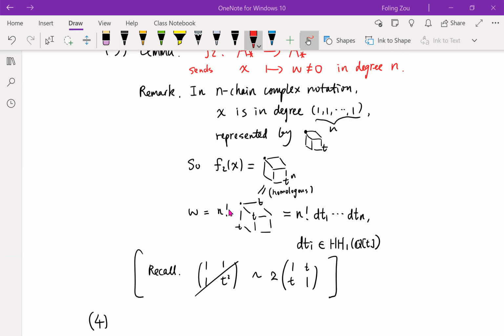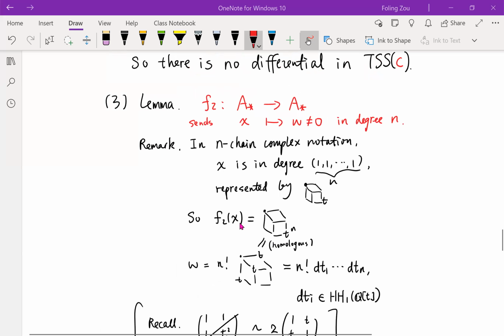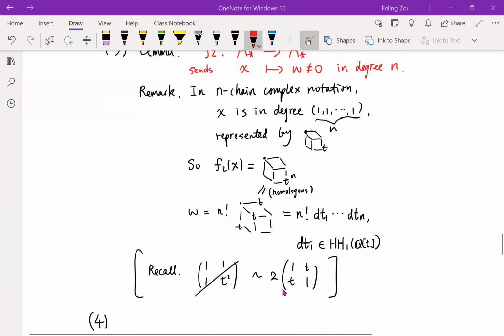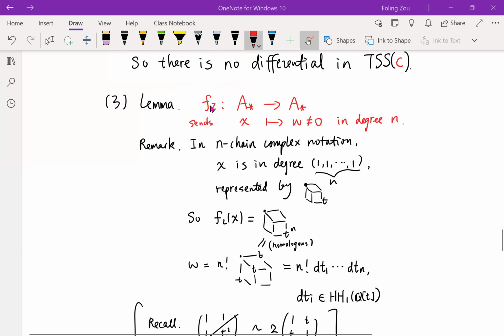So previously, when we computed this class was a boundary, we found that this class 1,1,1 squared is homologous to this, and we said that t squared was 0, so this is 0. And here, this class is the higher dimensional analog of this one, and this one is the higher dimensional analog of this one. And we are no longer 0 here because now we are in Qt instead of Qt mod t to the n. Okay, so the upshot here is that we have this F2 sending x to W, which is non-zero.